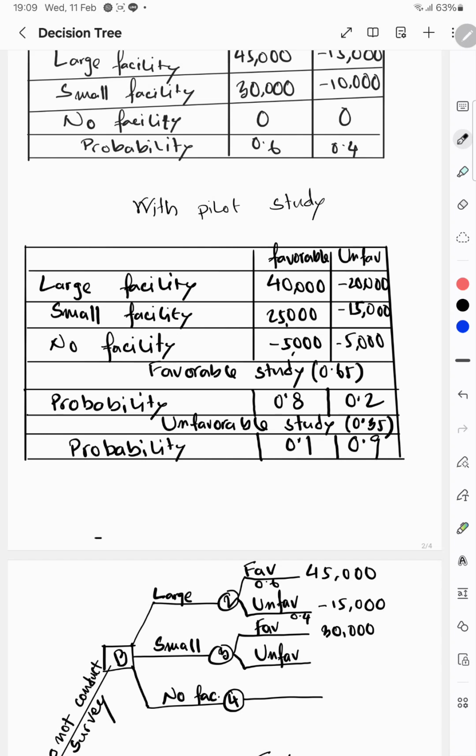You can get the numbers from the table. I wrote the probabilities here, 0.6 and 0.4. All of them should be the same. What we will do is multiply 45,000 times 0.6 plus 0.4 times minus 15,000. But before doing it, let's set the values first, then we will go for the calculation.